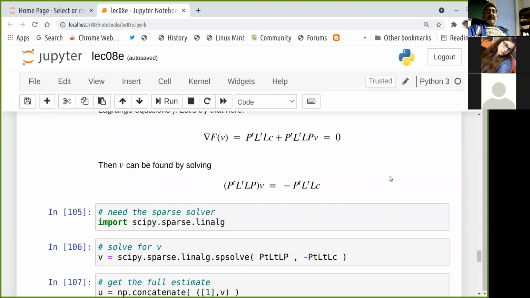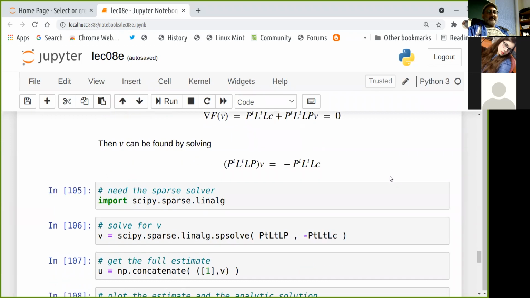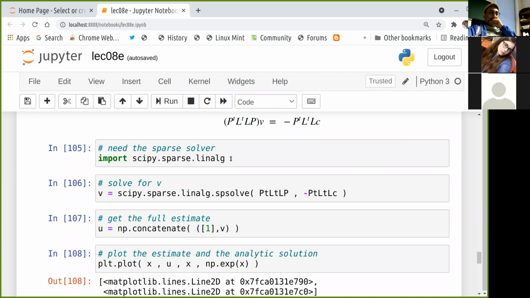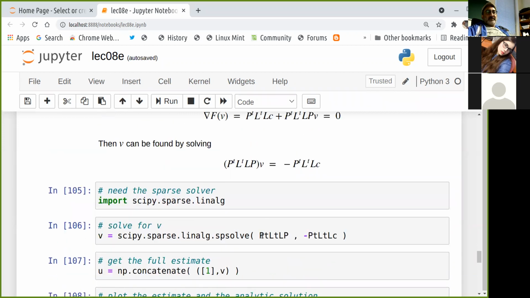So in order to do that, if I want to work with sparse matrices, and you always want to work with sparse matrices if possible, I should import the linear algebra module for sparse matrices. And so what am I going to do? I'm going to solve.